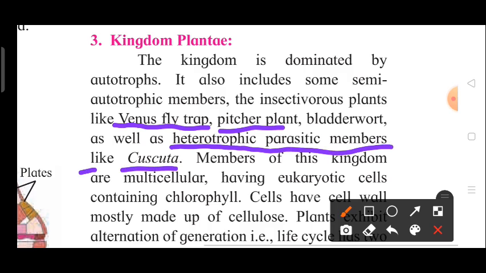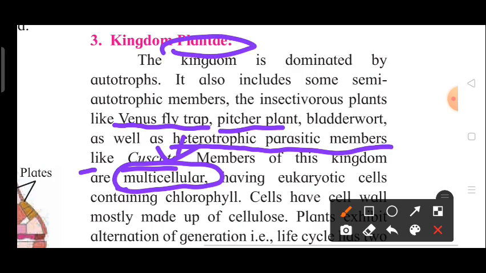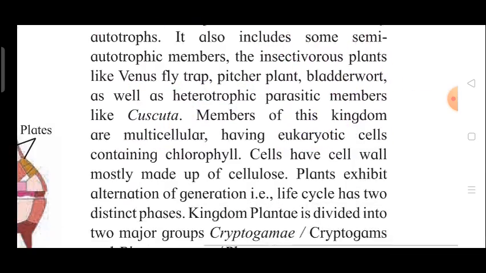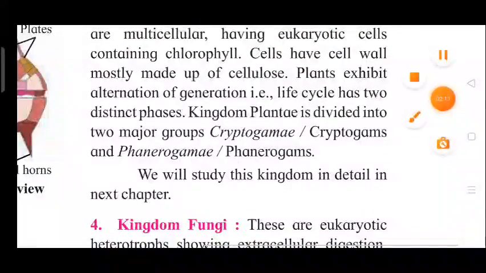of Cuscuta. Members of this kingdom are multicellular. Remember this: all the members of the Plantae are multicellular, having eukaryotic cells, meaning having a true type of nucleus. Eukaryotic means karyon means nucleus, a true nucleus, containing chlorophyll pigment.